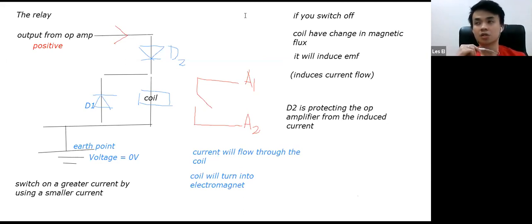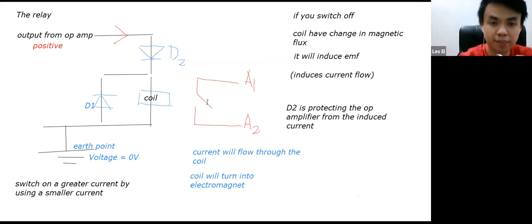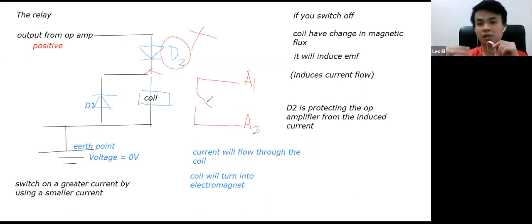So if you don't have a diode protecting the output side, and the induced current flows up, let's say the D2 doesn't exist, it will cause the OP amplifier to be damaged, because the output resistance is very low and then suddenly there's a current flowing in.